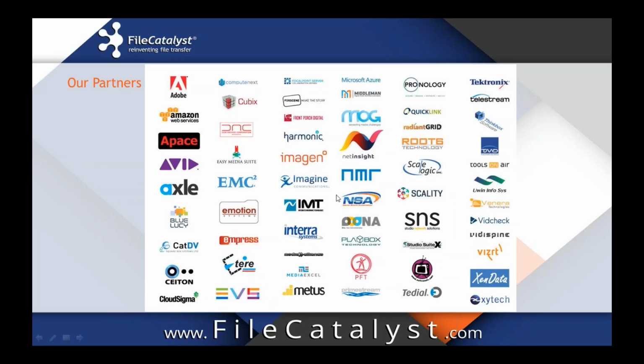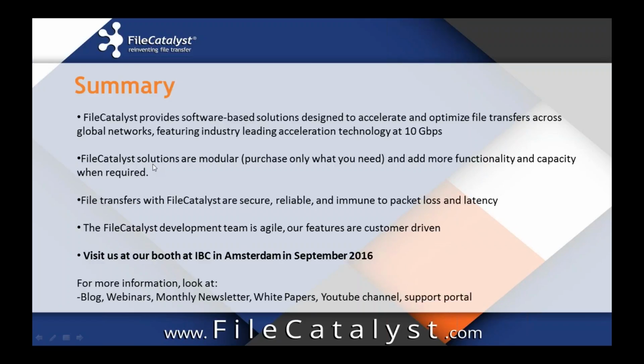So if you're already using certain components or certain solutions from some of these vendors, we have a native integration for them. This makes it very easy to interconnect your systems with FileCatalyst. This is really what it is. It's moving large data, large media files, and interconnecting your quality control with Playout and so on, or with your asset management or MAM. Connect your MAM with the Playout. These are the integration type of things we've worked a lot on in the past.